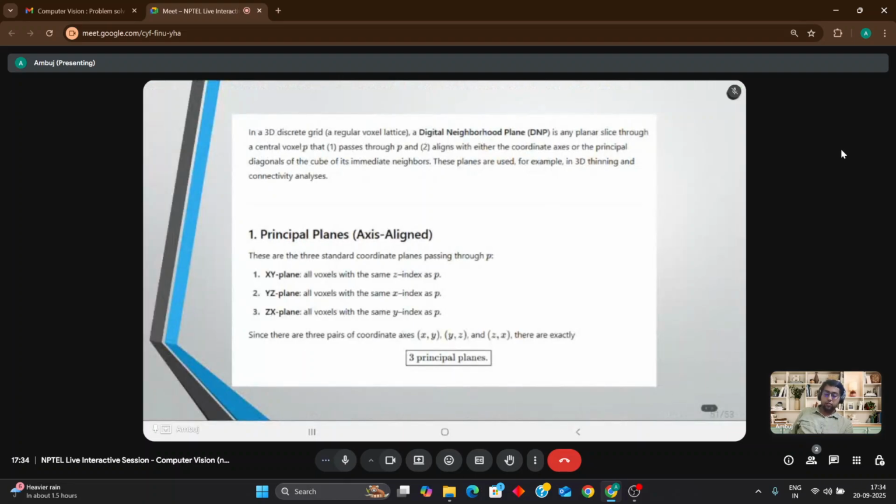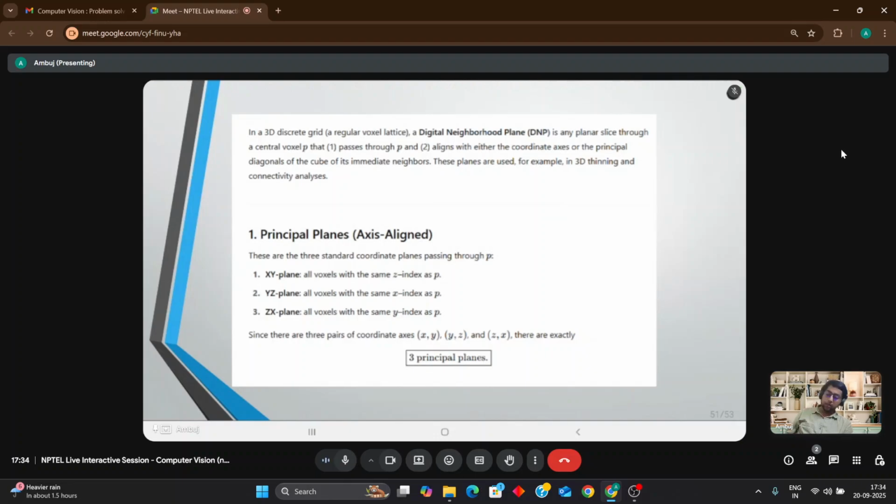In a 3D discrete grid, a DNP, or digital neighborhood plane, is any planar slice through the central voxel P. It passes through P and aligns with either the coordinate axes or the principal diagonals of its immediate neighbors. These planes are used, for example, in 3D thinning.